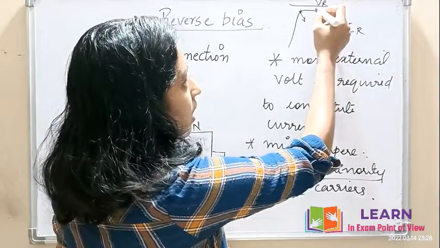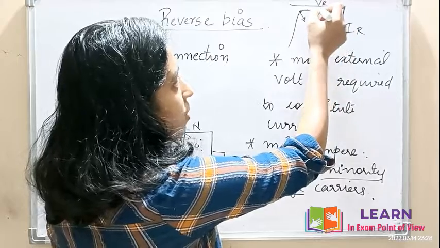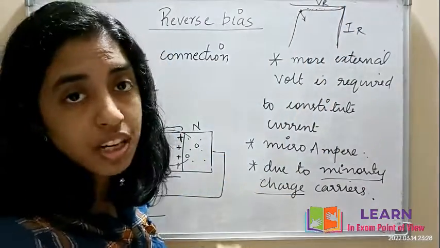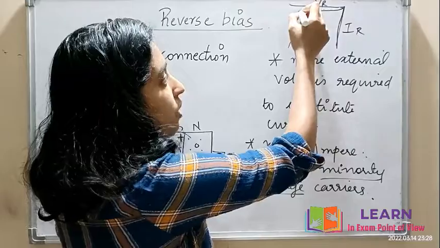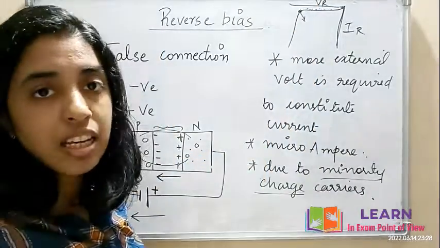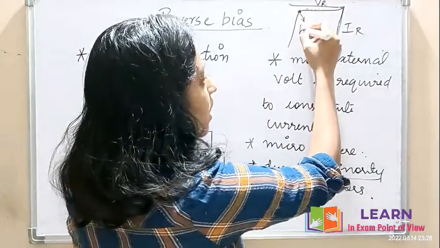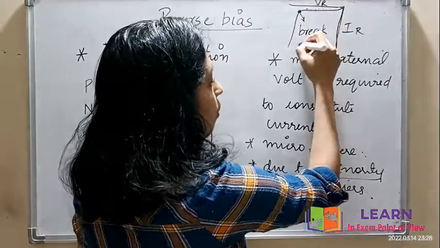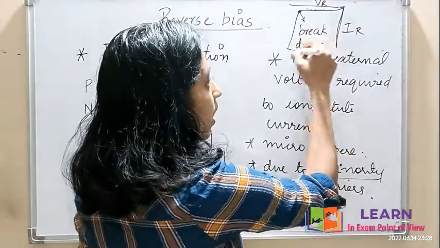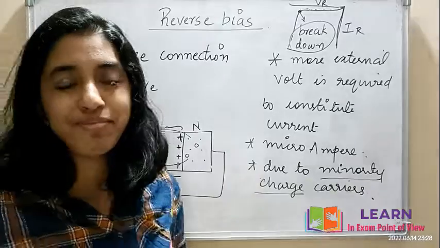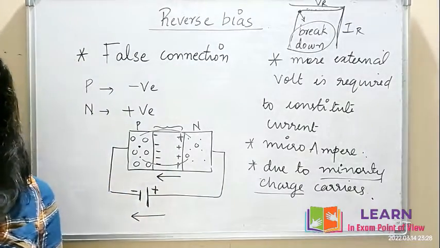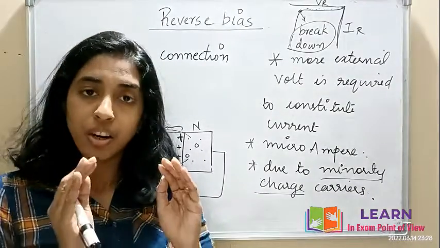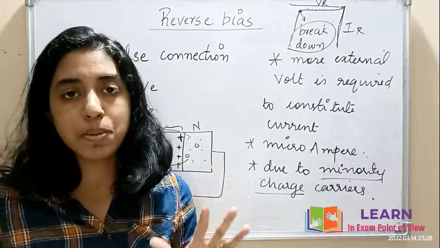At this point the current is constant, right? For the voltage increasing the current remains constant. After a particular point of voltage, suddenly current increases, and that voltage is known as breakdown voltage. That name you remember, okay? Breakdown voltage. Okay, so this much points you can study or remember in this reverse biasing.